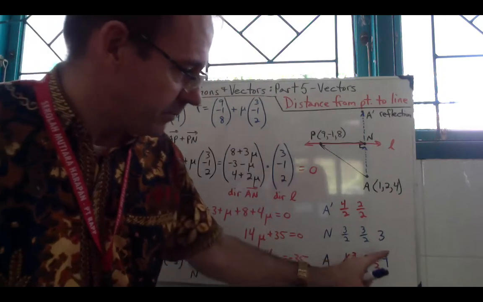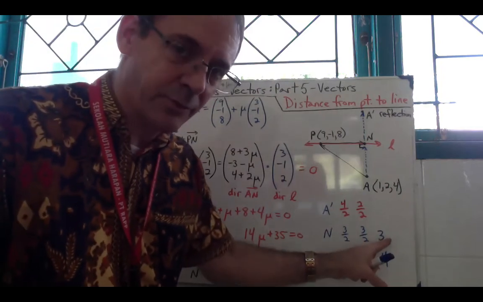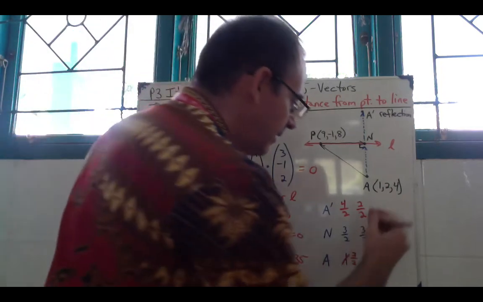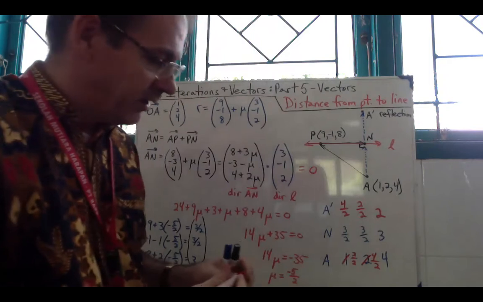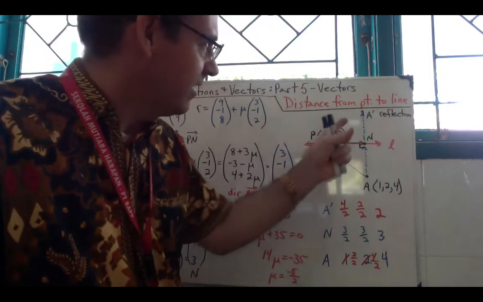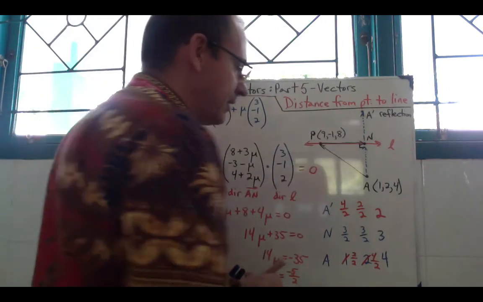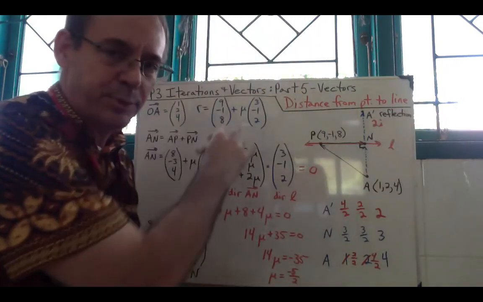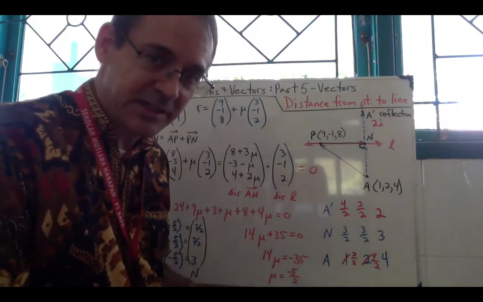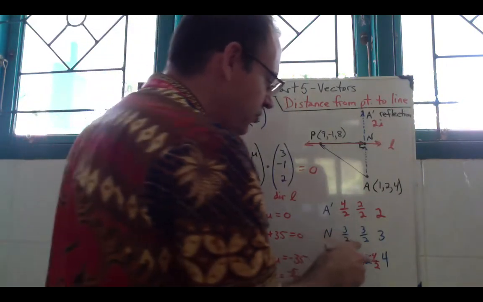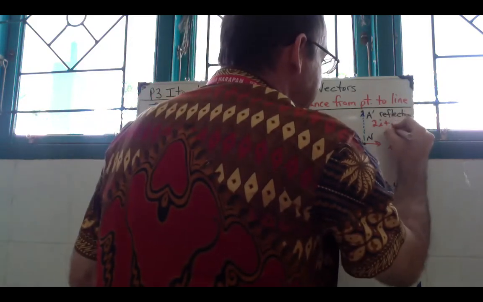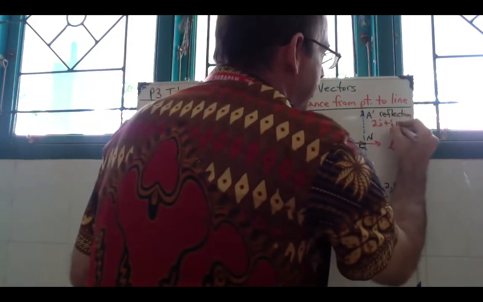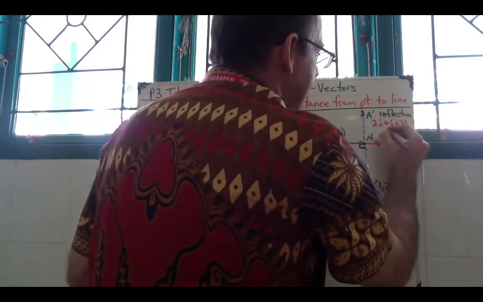And here we have whole numbers. 4 to 3 is -1. If we go -1 again, we get to 2. So our position vector for A prime is now 2i. We'll put it in component form because the original question gave it in component form: 2i plus j plus 2k.